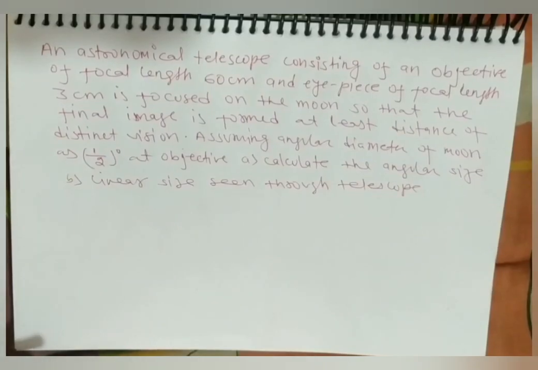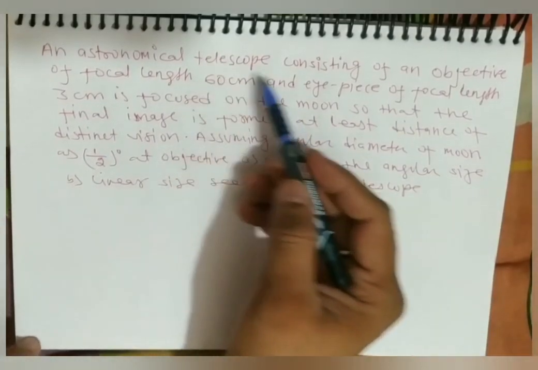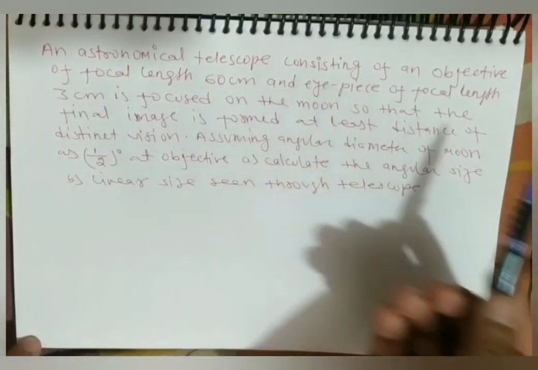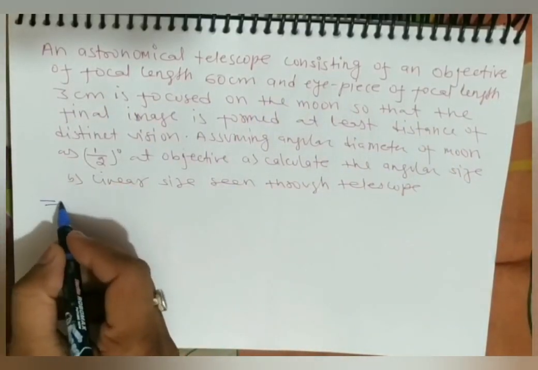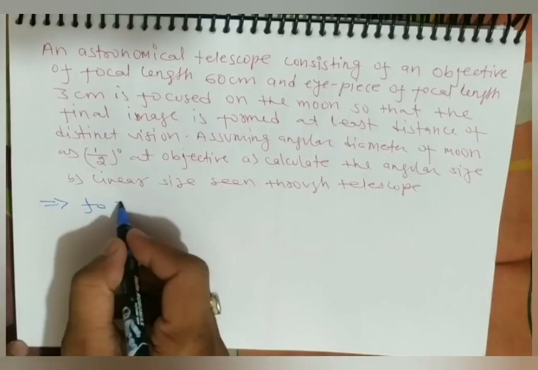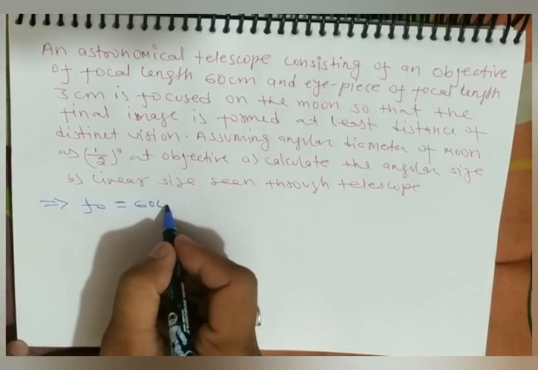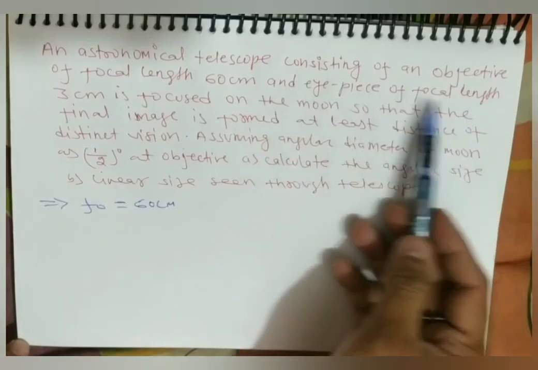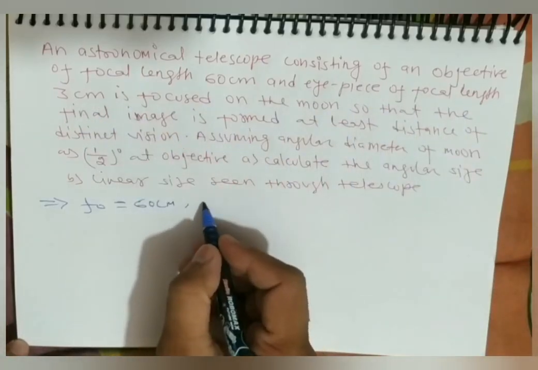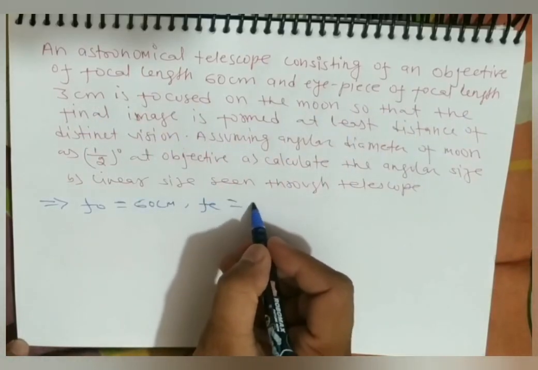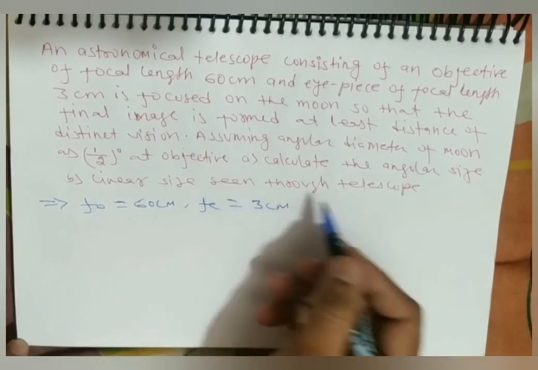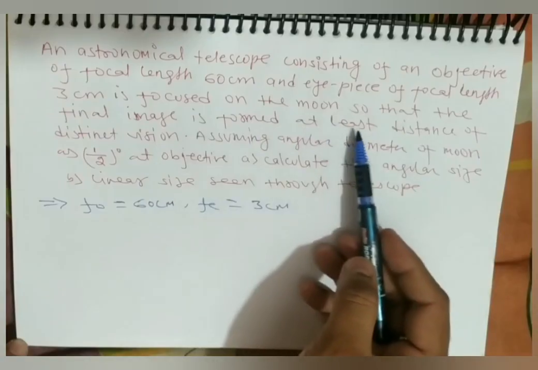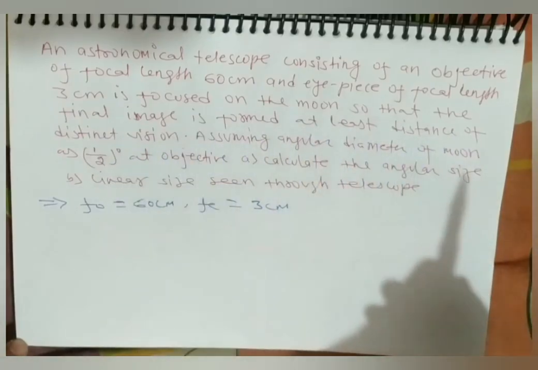Let's have next question. An astronomical telescope consisting of an objective of focal length 60 centimeter. That means f naught is given, it is 60 centimeter, and eyepiece of focal length 3 centimeter, that is fe is given 3 centimeter. It focuses on moon so that the final image is formed at least distance of distinct vision.